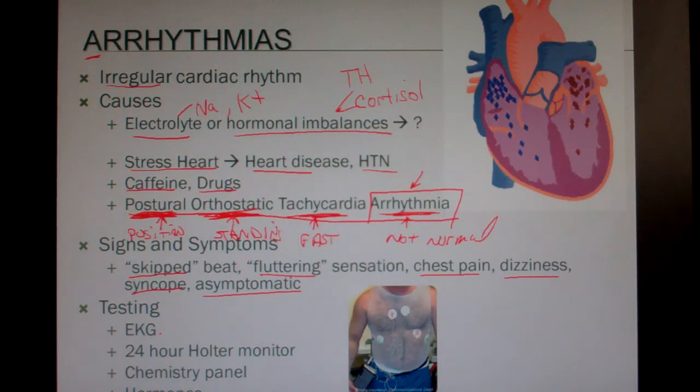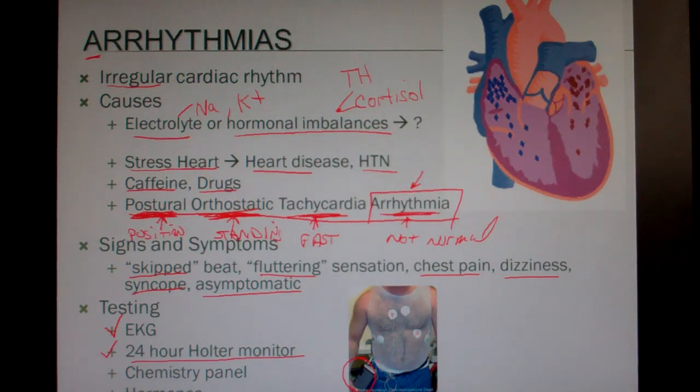Test it obviously with an EKG to make sure you are not having a heart attack or something like that. You can also put it on a 24-hour Holter monitor. It's basically a little EKG unit, and you strap it to your side and carry it around for a day.